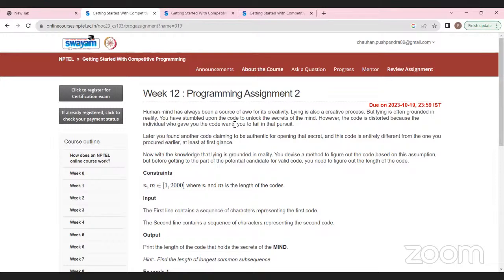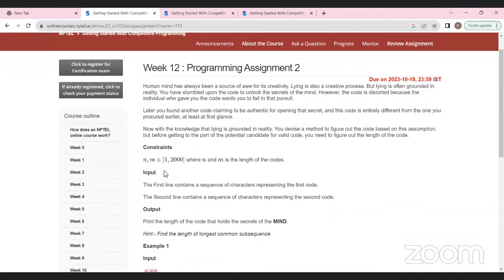You have stumbled upon the code to unlock the secrets of the mind. However, the code is distorted because the individual who gave you the code wants you to fail in that pursuit. Later, you found another code claiming to be authentic for opening that secret, and this code is entirely different from the one you procured earlier, at least at first glance.